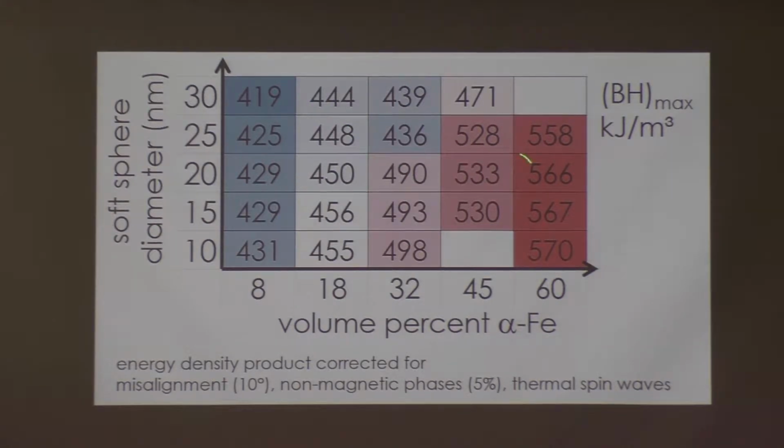So from this slide we know, okay, the smaller the soft magnetic inclusions, the better for the magnet, and of course we can go to very high volume fractions of alpha iron in order to increase the energy density product.